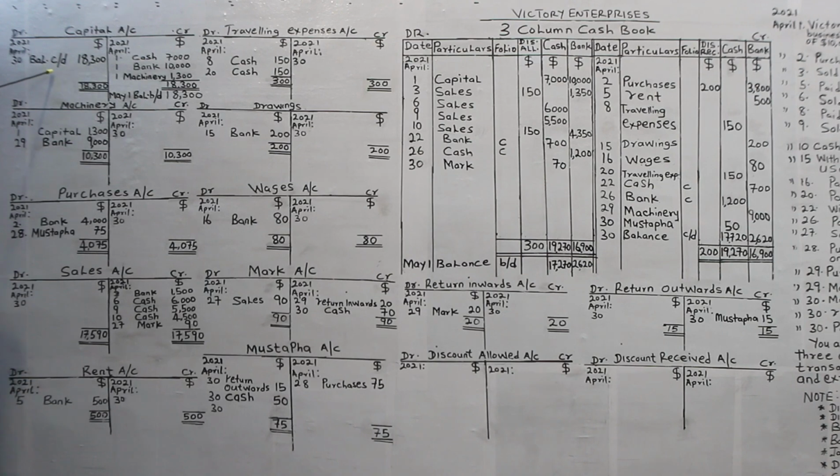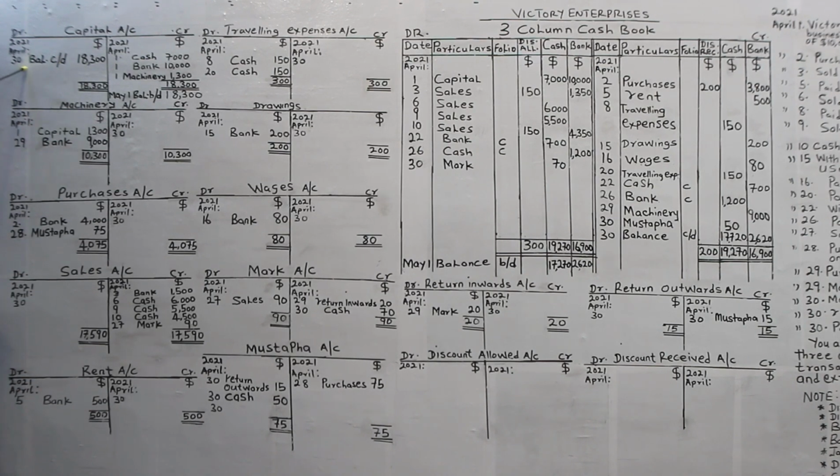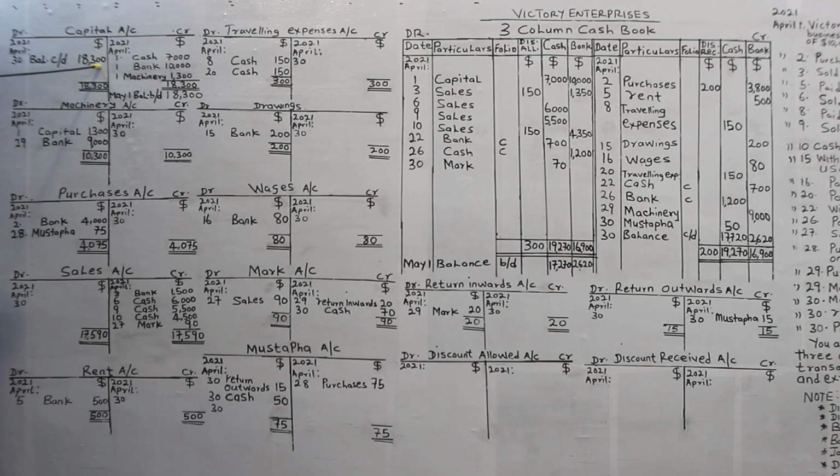So to make the two sides of the account equal, we initiate the balance carried down 18,300 on 30th April 2021. Then we bring down the 18,300 to be in the same line with the closed figure on the credit side.